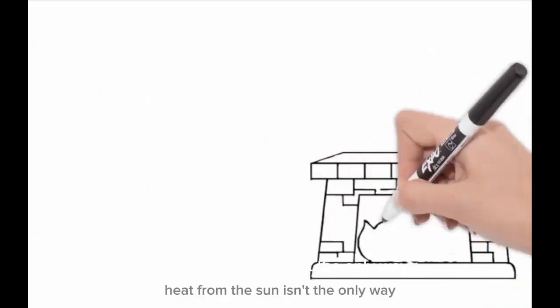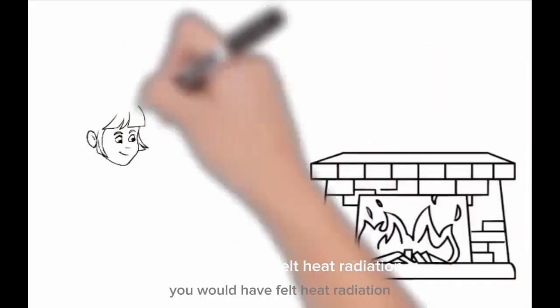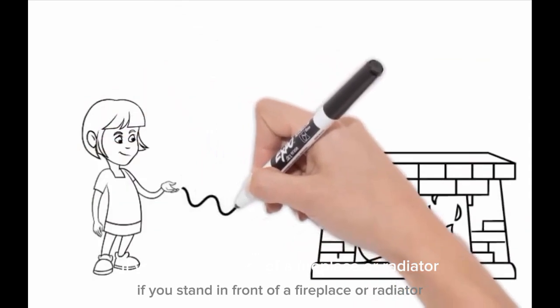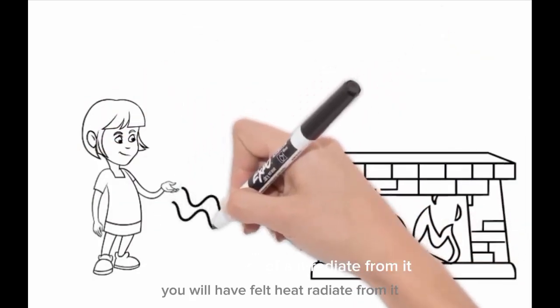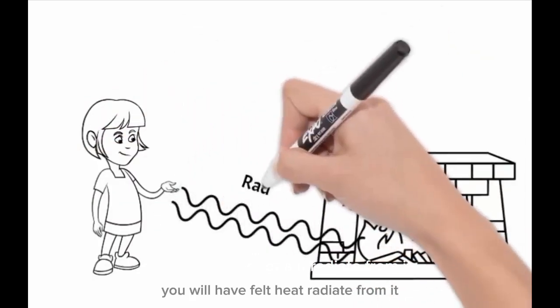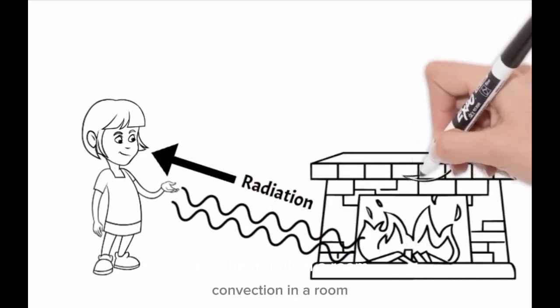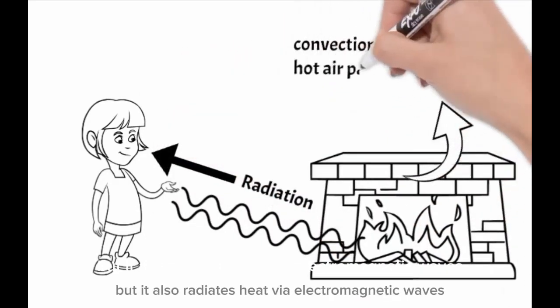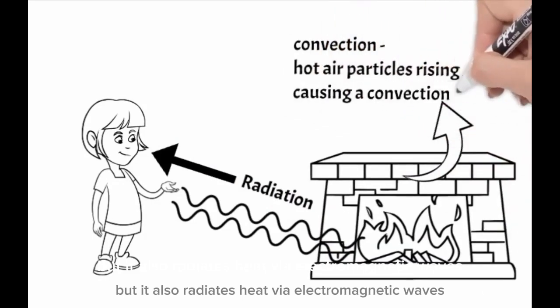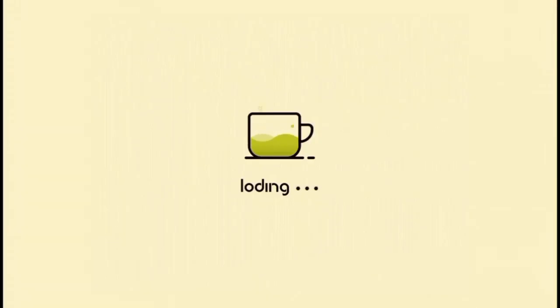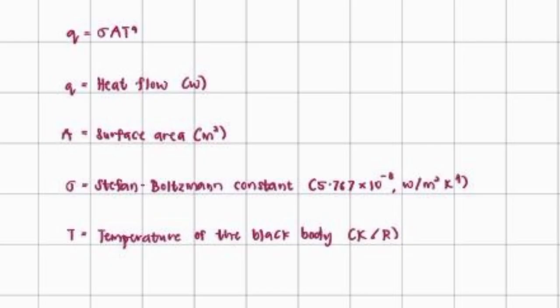Heat from the sun isn't the only way you would feel heat radiation. If you stand in front of a fireplace or radiator, you will feel heat radiate from it. Yes, a fireplace or heater also causes heat transfer via convection in a room, but it also radiates heat via electromagnetic waves.